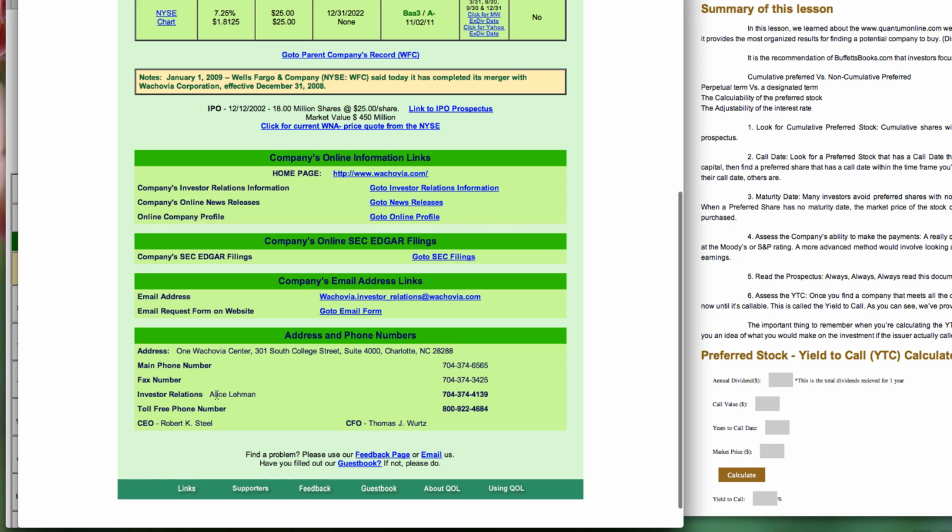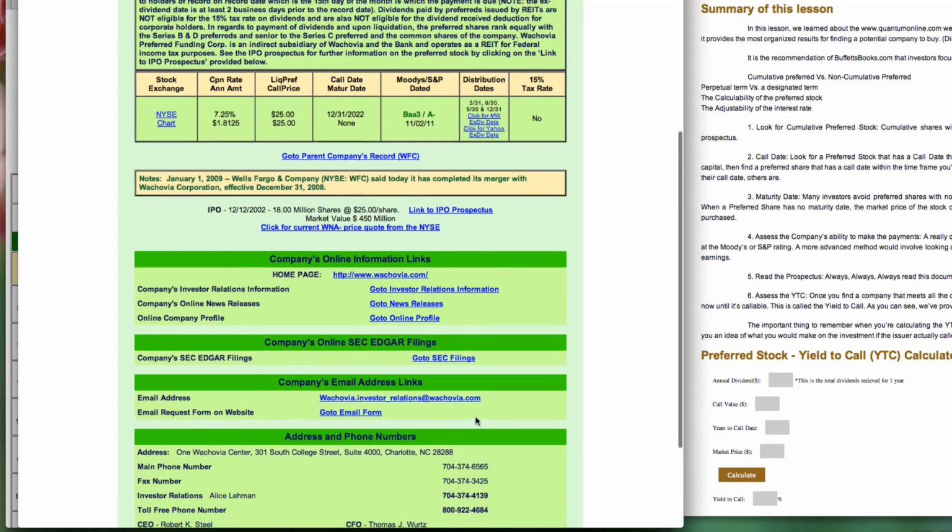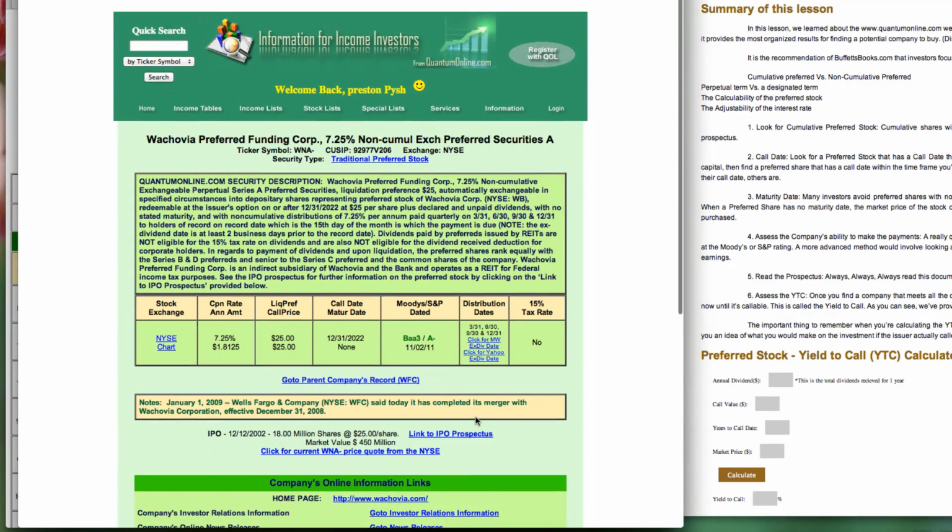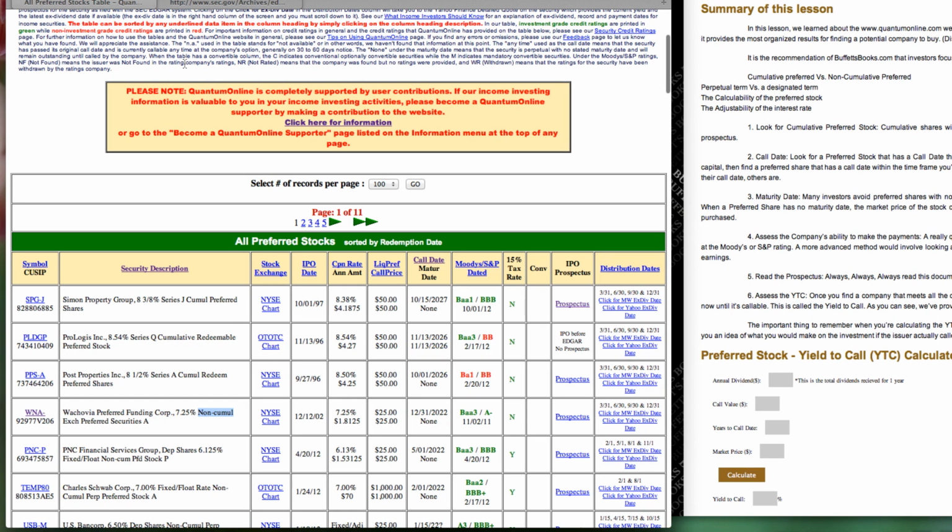And they have a point of contact, Alice Lehman, and here's her phone number for the investor relations portion for Wachovia. And so you can call her up and ask her any question you want about this preferred share. So some of the information you're pulling from this site is pretty amazing, to be quite honest with you, and I think you'll really find it useful.